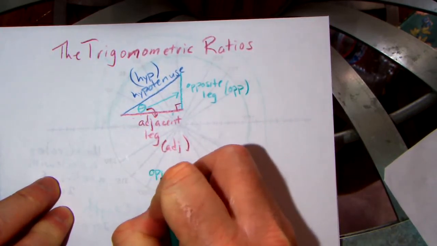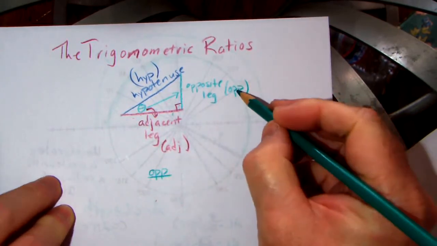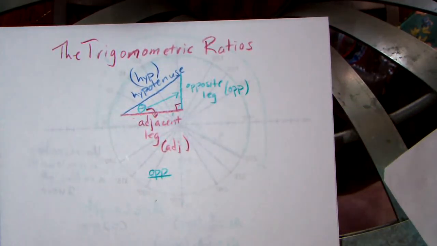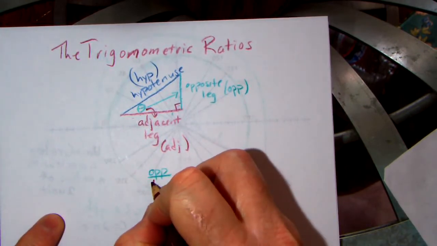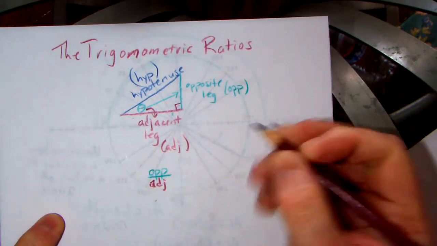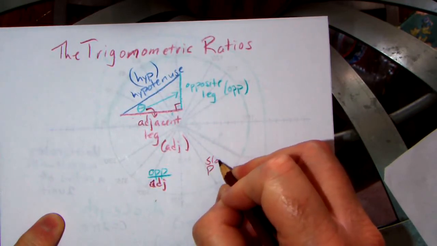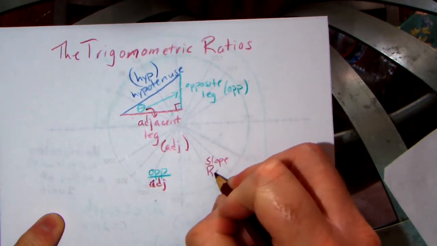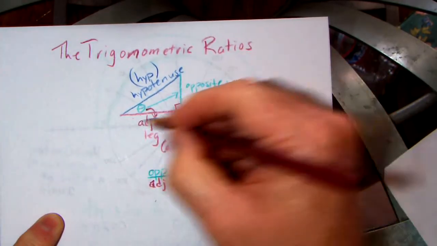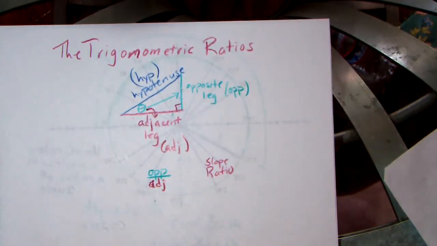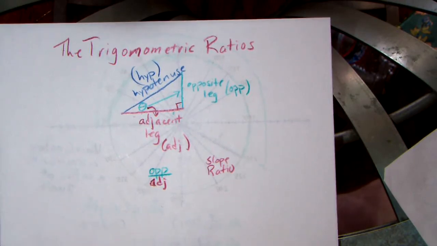The first one would be if I took the opposite leg and divided it by the adjacent leg. All right, this is our slope ratio, our rise over our run.